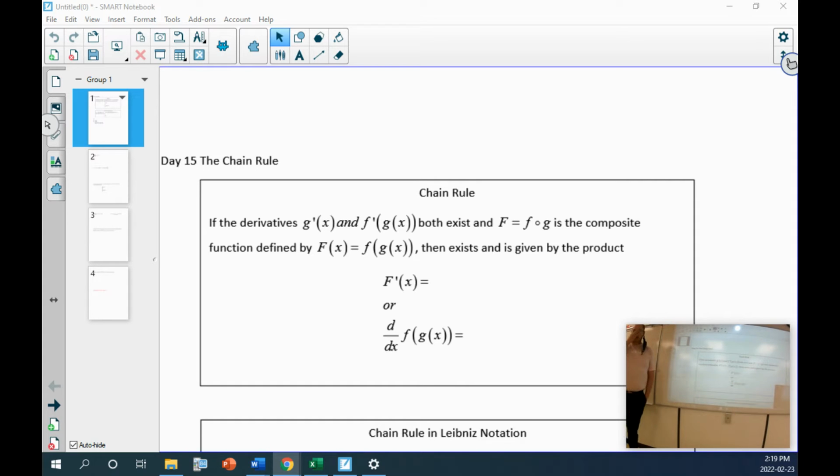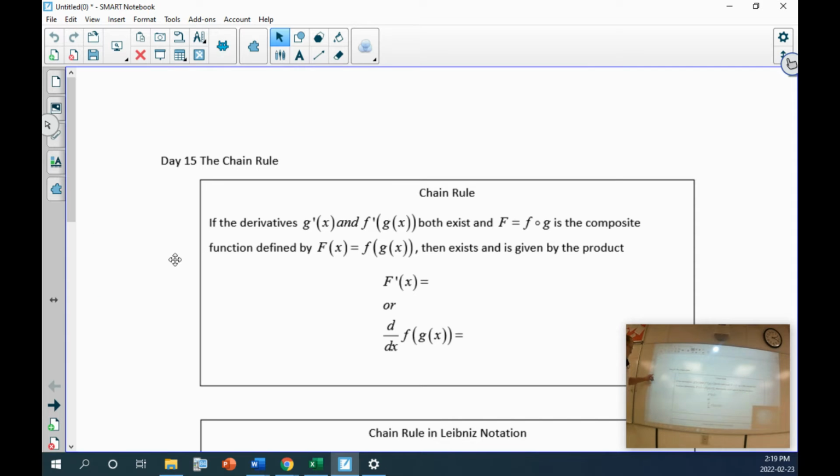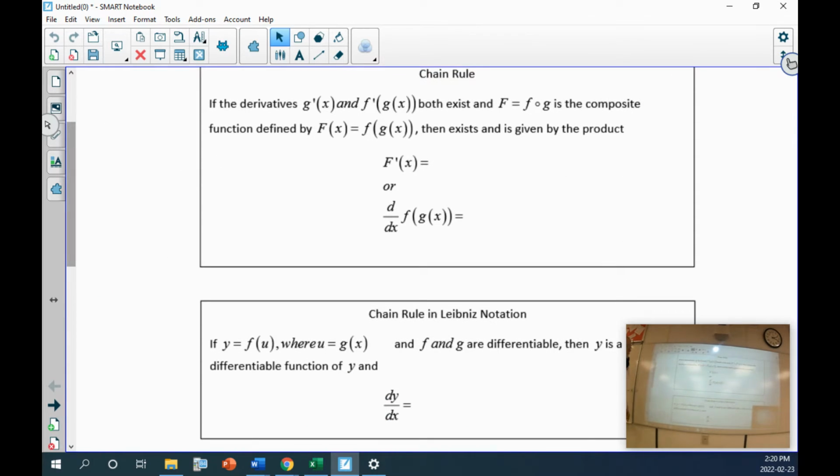And if it's a fraction over a fraction squared, I don't really want to do that one either. So the chain rule is what's going to allow us to work with those more complex functions and allow us to basically take the derivative in a very easy way. Now, I'm going to explain what it means in a minute.